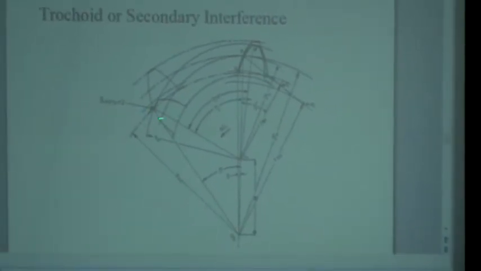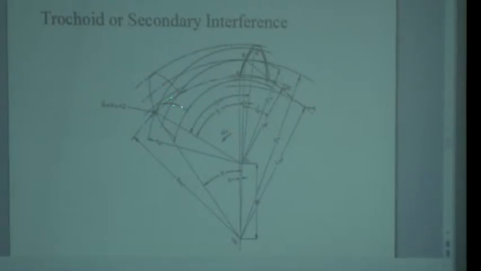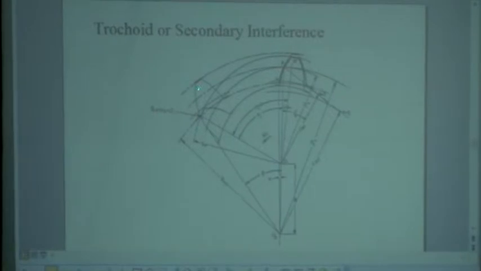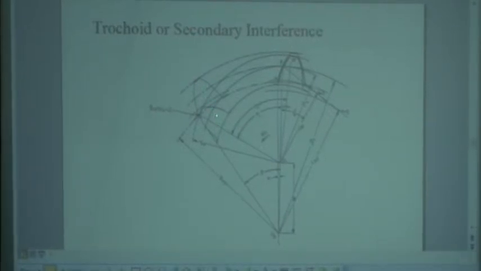Now whatever is the rotation of the pinion, the rotation of the internal gear will be the rotation of the pinion divided by the gear ratio. So if that value is less, then this will be fouling with the internal gear, and then you will have the secondary interference or the trochoid interference.